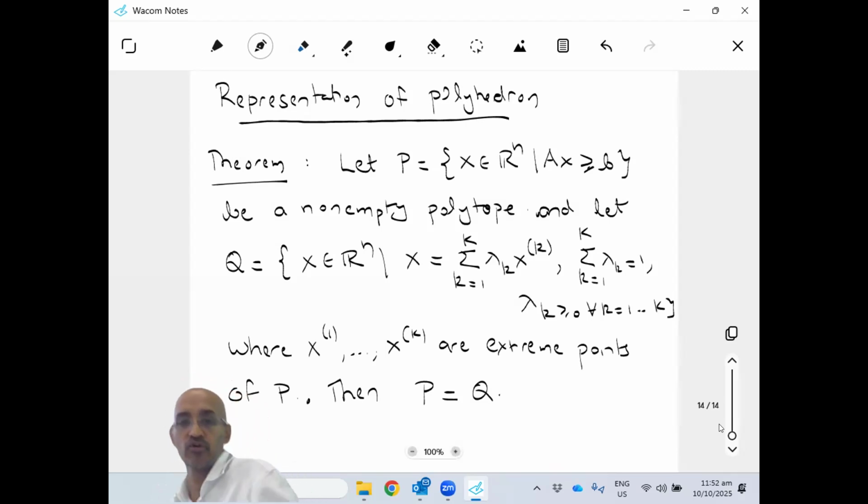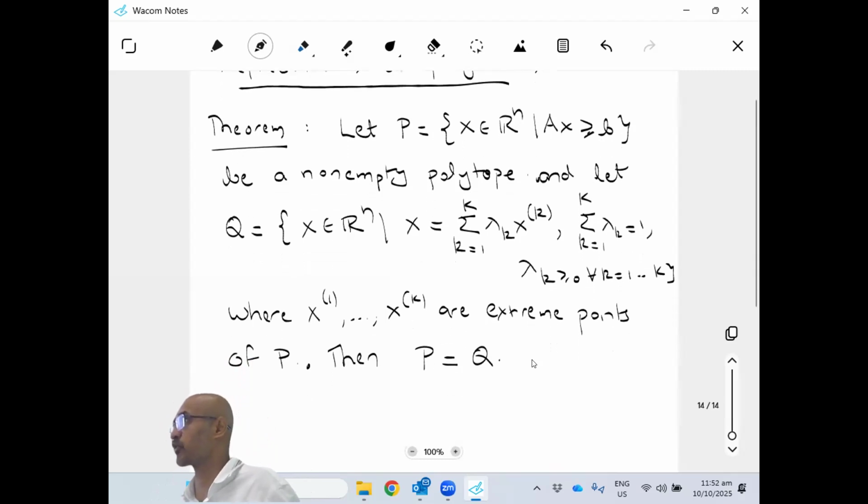So let's first understand what the theorem is trying to say, and then I'll prove this very quickly.